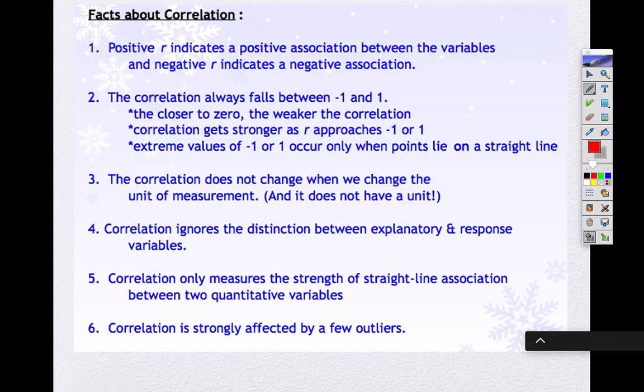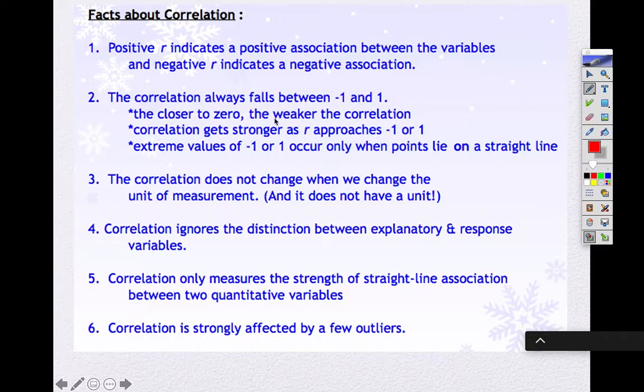How big can the number be? It can be as small as 0. 0 means no correlation at all. It can be as high as 1, meaning perfect linear correlation, or -1, which is also perfect linear correlation, but negative.